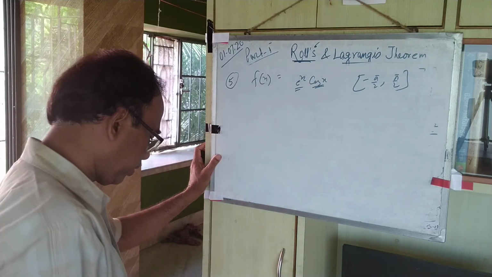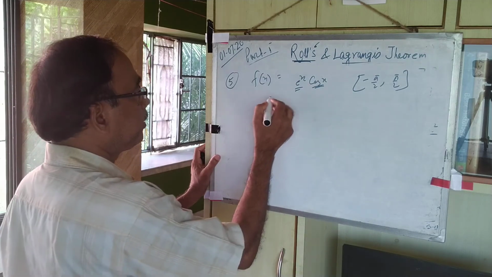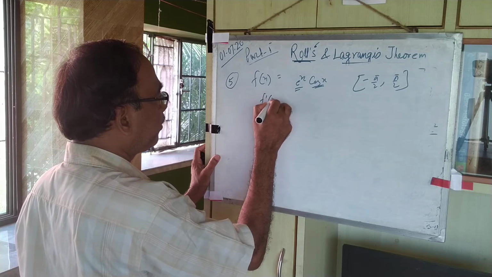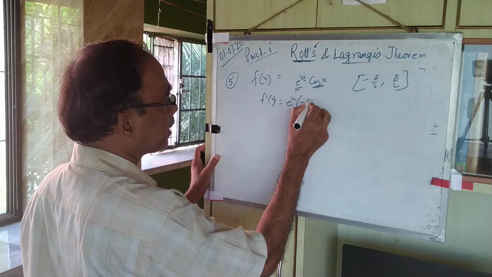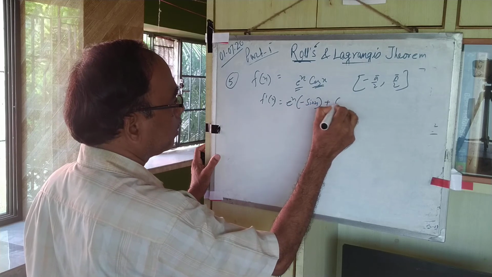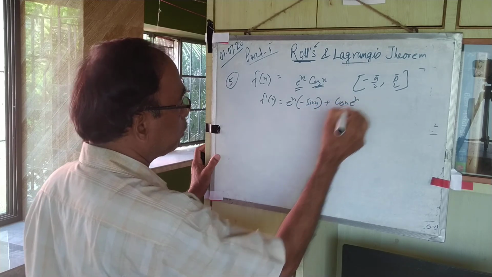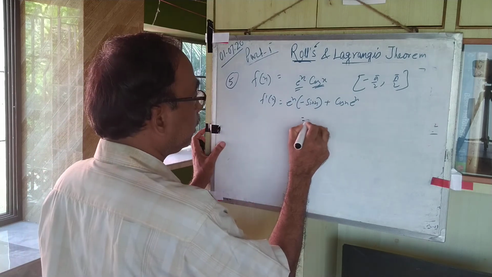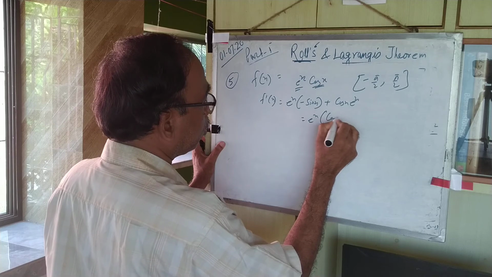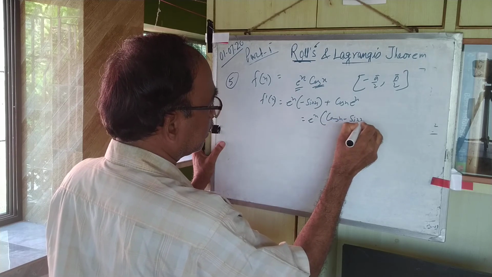Therefore it is continuous, and it is derivable also. f dash x equals e to the power x times the derivative of cos x, minus sin x, plus cos x times the derivative of e to the power x. That is e to the power x into cos x minus sin x.